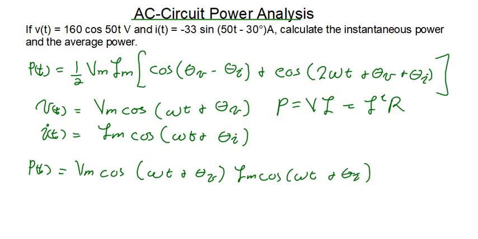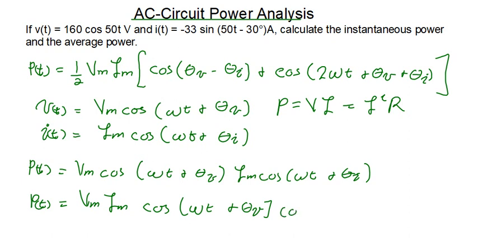That's what we have. Then I can write PT as V max I max times cos omega t plus the phase angle of the voltage, multiplied by cos omega t plus the phase angle of the current, like that.